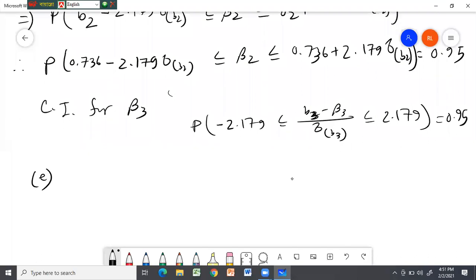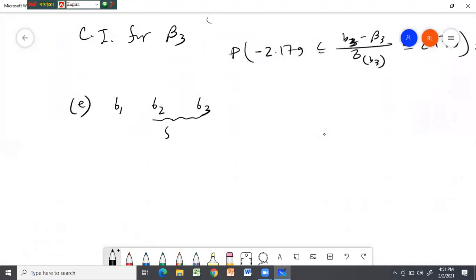We have three regression coefficients: b1, b2 and b3. Out of them, two are slope coefficients and this one is the intercept coefficient. So for these three regression coefficients, you have been asked to test whether they are statistically significant or not, individually.